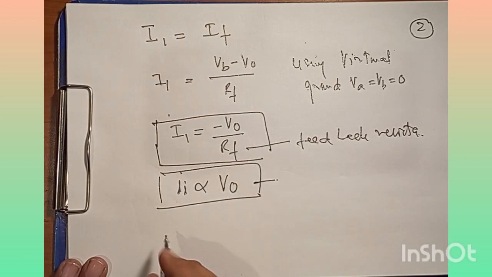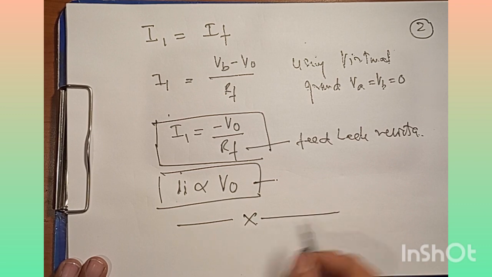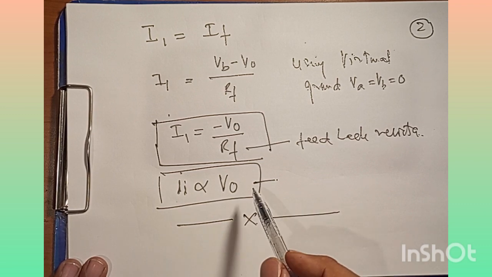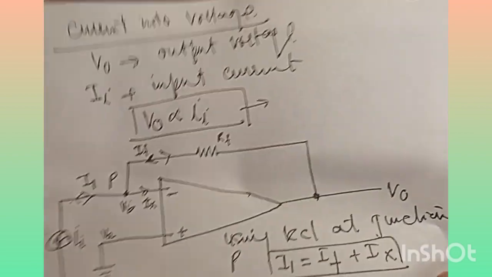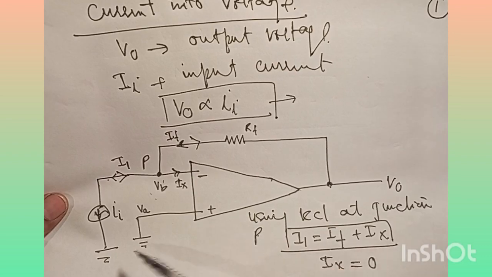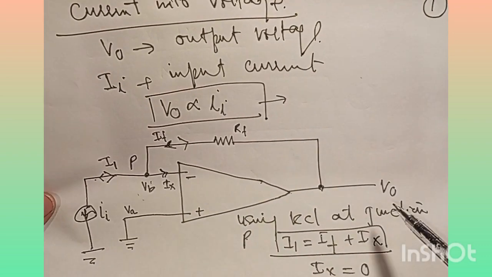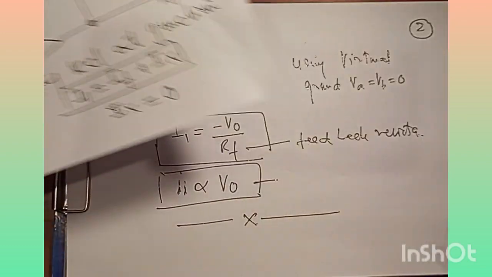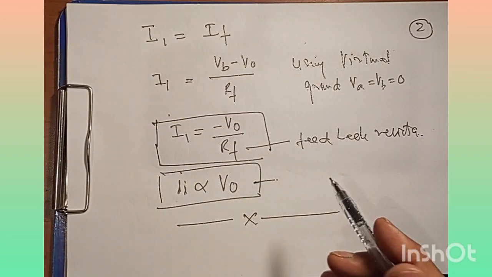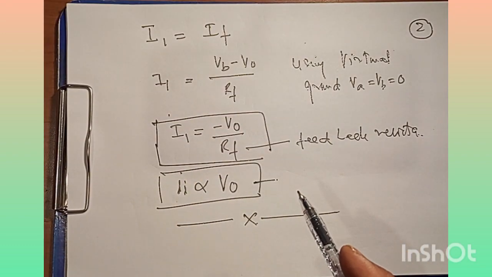So we have identified the fact that using the circuit that I drew in the beginning, we can convert the current into the voltage.